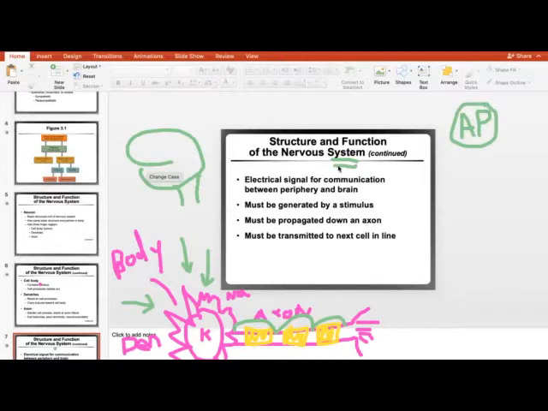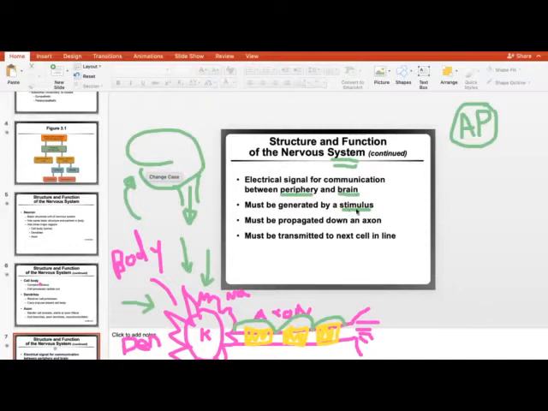All right, so now these action potentials, this electrical signal, must be generated by something. So it's either your afferent neurons sending information up to the brain, and then the brain says, now that I've been given this information, I have to work with it, do something with it, and then send information back down through the efferent nerves so that the body can function with it. But there are some electrical signals that actually don't use the brain, like your reflex signals, which are all periphery-based movement strategies.